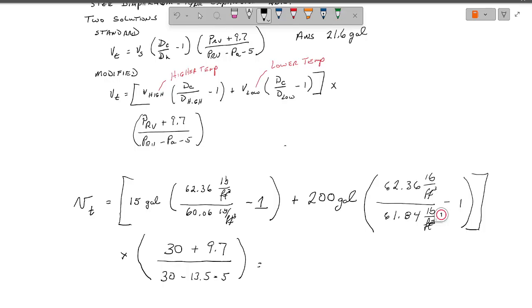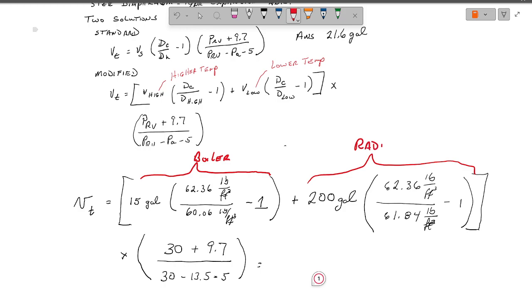Okay, so recap this. We took the boiler. So all of this here is the boiler water. Okay. All of this is the radiant floor. Or if you had, you could use this on a, okay, I want to say this. So you got a hydronic boiler that feeds a primary loop. So that's this primary loop.